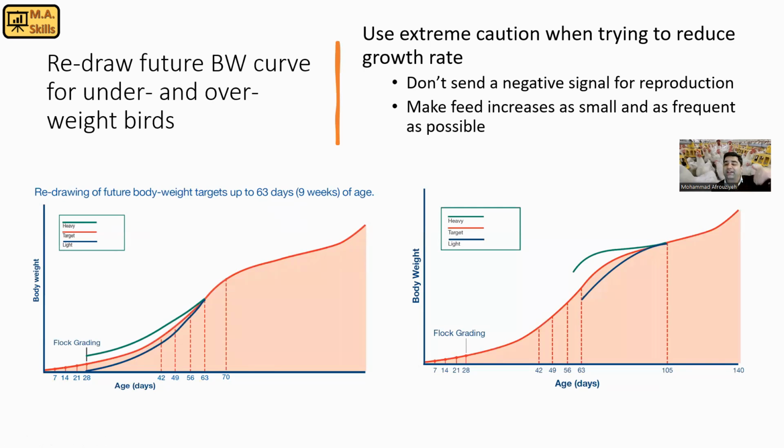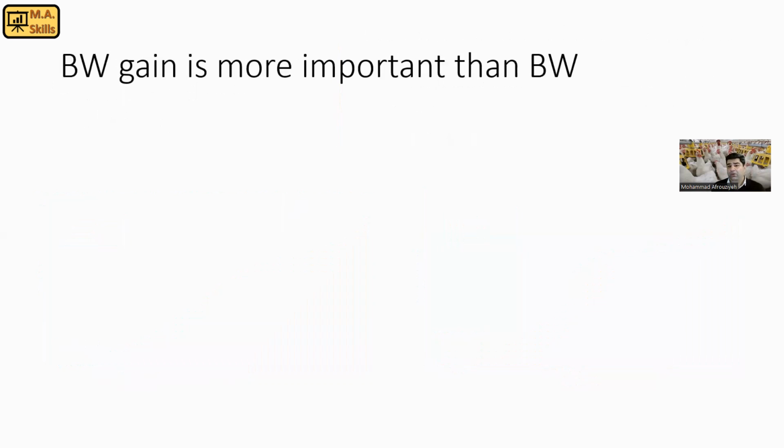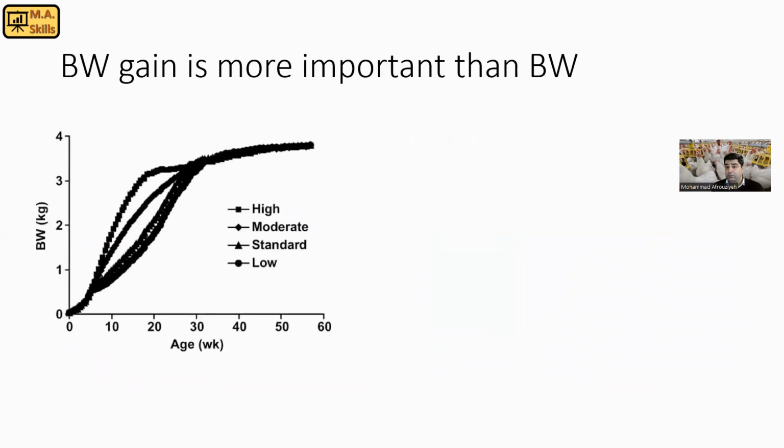They are still increasing their body weight, but in a steady and slow manner. That's the case. Now, that's why we say body weight gain is more important than body weight.